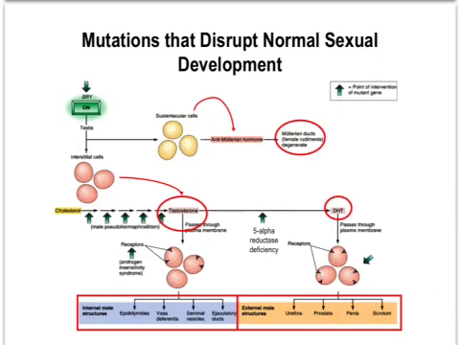A lot of what we know about the X and Y actually came from studying people who have abnormalities in sexual development. For example, I think it's in your book, there are some people that have XX, but they're actually male, or other people who are chromosomally XY and actually female.